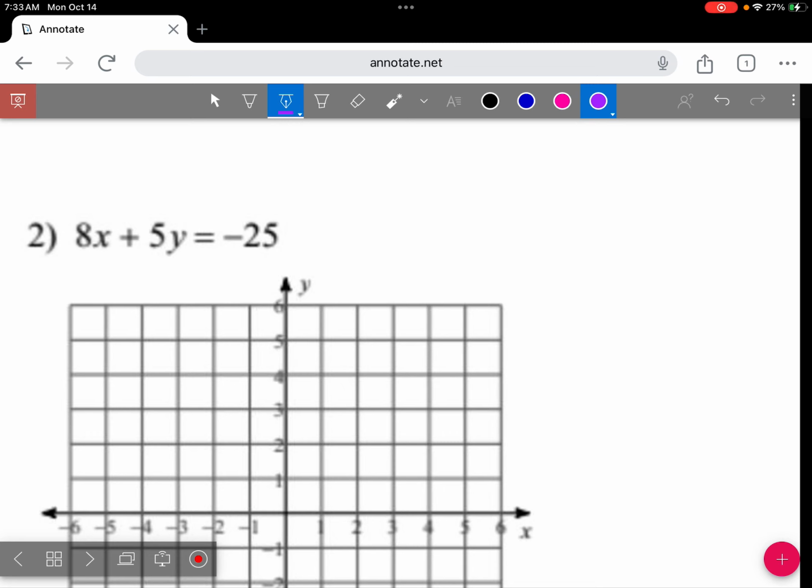What can we do here to be able to graph this thing? What would be our first step? Subtract the 8x.